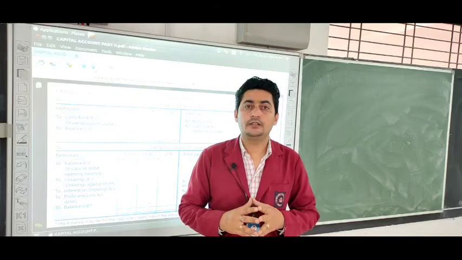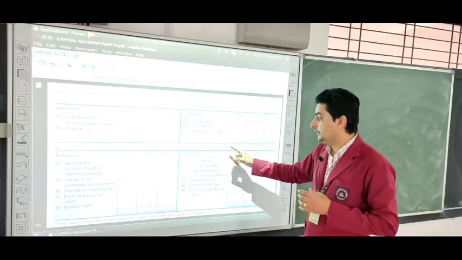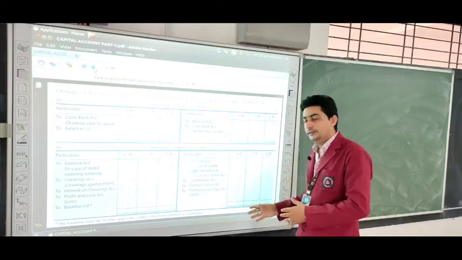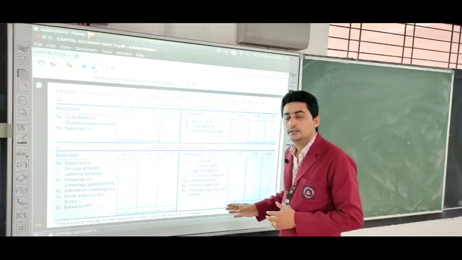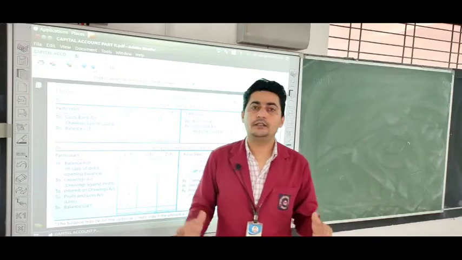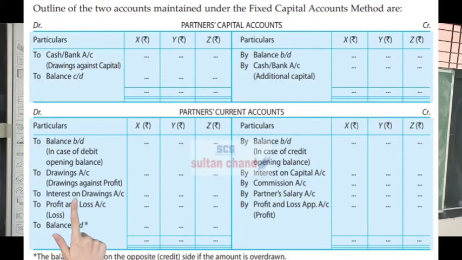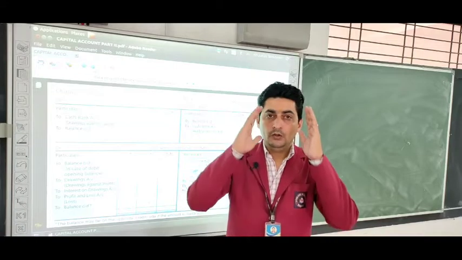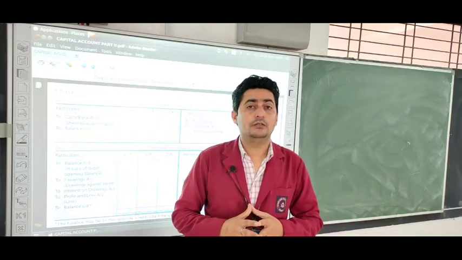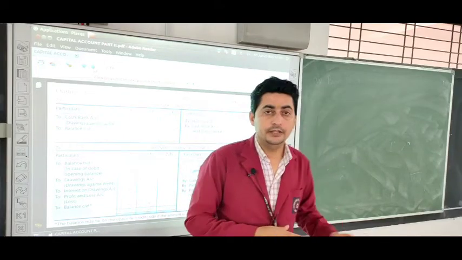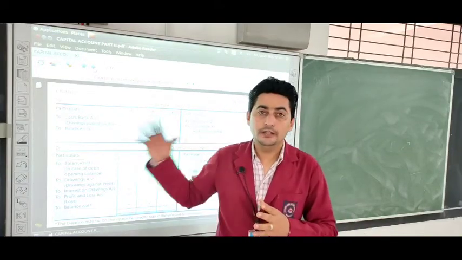It means interest on capital, partner's profit, commission if partner is getting any commission, if partner is getting any salary, if profit is distributed among them, these are all profits, so it will be credited. Now all the losses of partners will be debited, like drawing, interest on drawing. So the viewpoint of preparing capital account should be of a partner. Partner's profit will be credited and partner's loss will be debited.